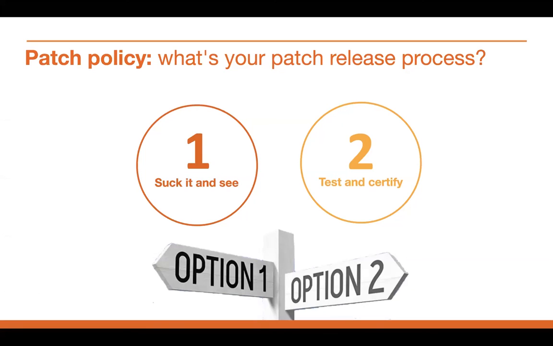But that one time when it goes wrong, it can cause so many issues because your teams are not aware of what's happened. So they come in the morning, systems are down, and they're not aware of what's happened. All of a sudden you spend a number of hours trying to work out what's happened, all to the disruption of the customer. Whereas with test and certify, you've tested it, you've demonstrated a professional outlook to your customers.